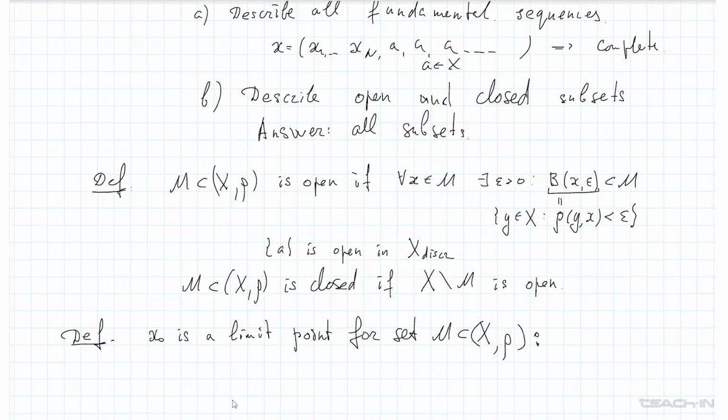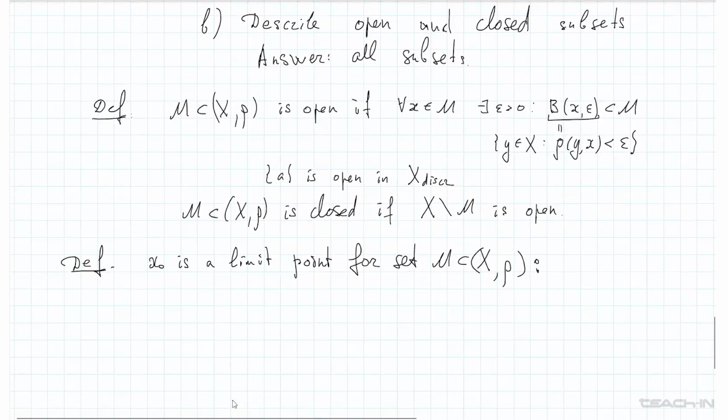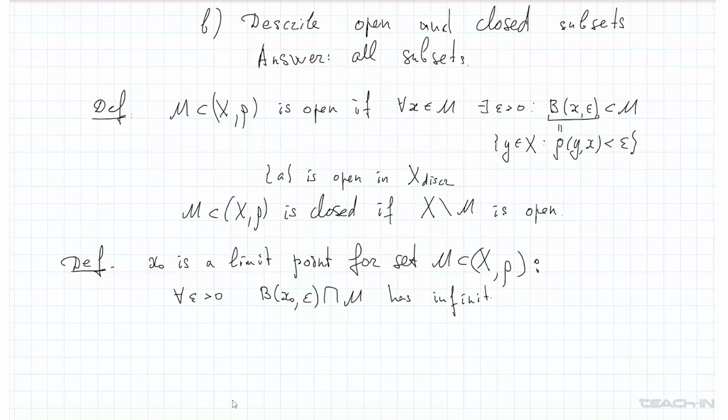What does it mean? It means every punctured neighborhood of the point contains another point of the set. Yes. So for any positive epsilon, the ball with center x0 and radius epsilon intersected with the set M has infinitely many points, yes?